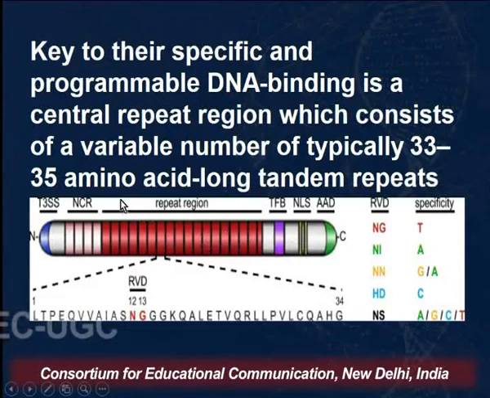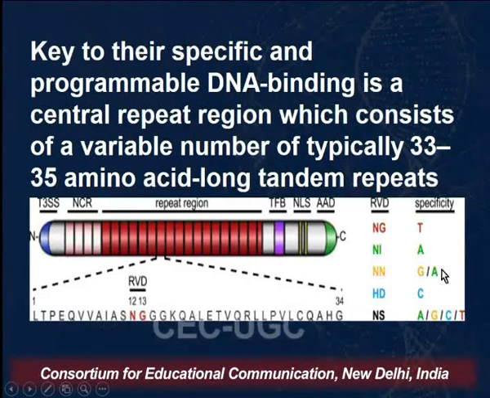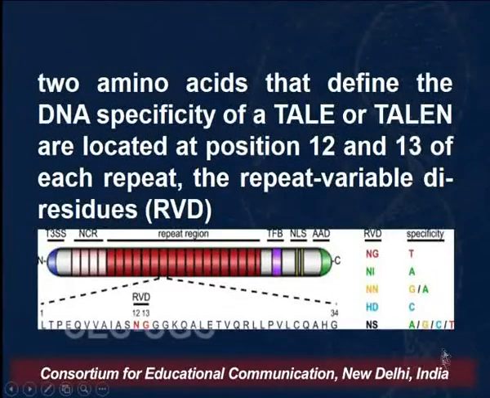So this is the key DNA binding domain, and in these tandem repeats, the 12th and 13th position amino acids are very important and cause specific binding to various kinds of DNA molecules. This contains the variability and the diverse nature of TALEs that can be created.